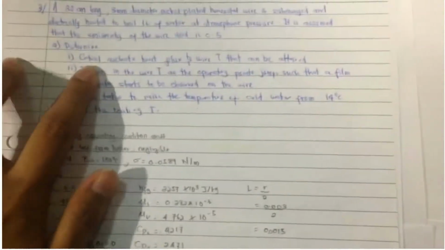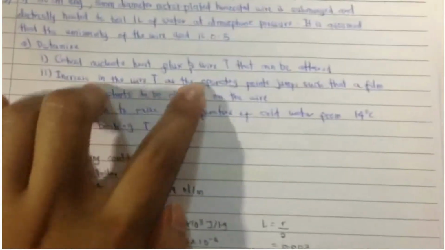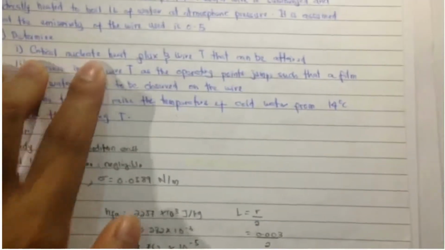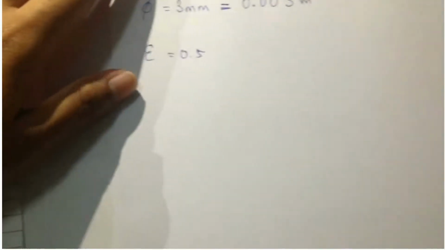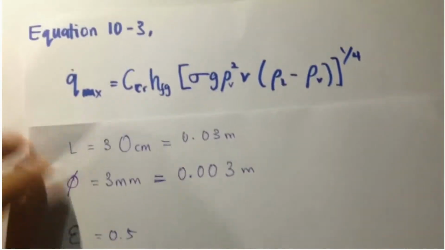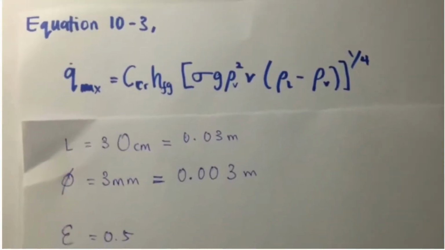Then we read the question first: critical nuclear heat flux and wire temperature that can be attained. So first, the critical nuclear heat flux, for which we get the equation 10.3 from the textbook.